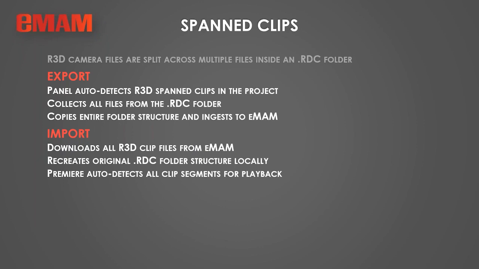Instead of collecting only the referenced file, it gathers the complete RDC folder structure and uploads everything into EMAM. During import, the original folder hierarchy is recreated locally, allowing Premiere to recognize the full clip exactly as it was originally recorded. This ensures reliable handling of large RED productions.